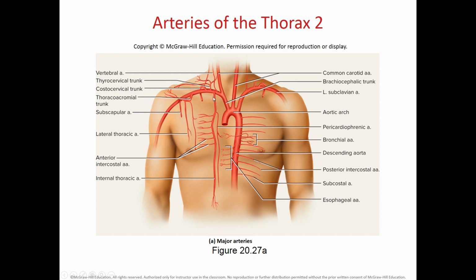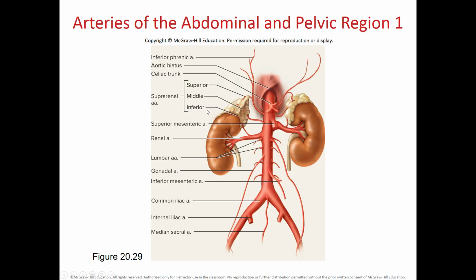Now the subclavian, once it reaches the armpit, the axillary area, will change its name into axillary artery. And as it's going in this direction, the subclavian is going to provide all these branches: thoracoacromial, costocervical trunk, transverse cervical trunk, etc.